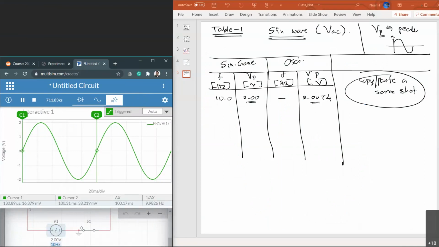I need the frequency, right? So technically I need 1 over 100.17 millisecond. Milli is 10 to the negative 3. If you do that calculation, you should get the right frequency you are expecting.